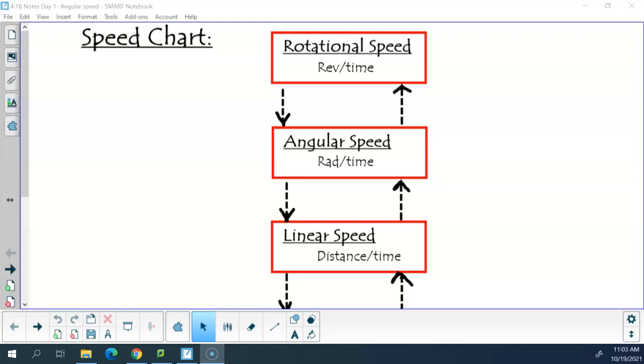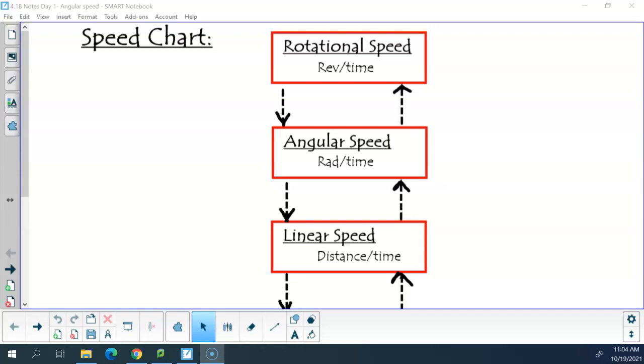So we've got rotational speed. That's speed that you're going around on an axle. Rotational speed is how many times you are rotating per time frame, so that's going to be in revolutions per time. Then you've got angular speed.